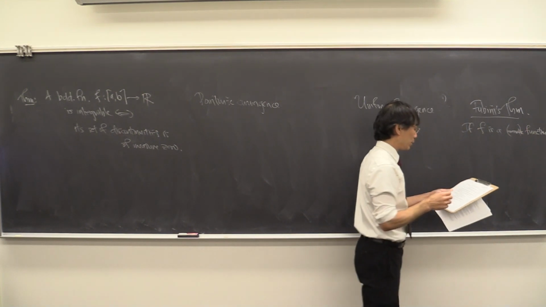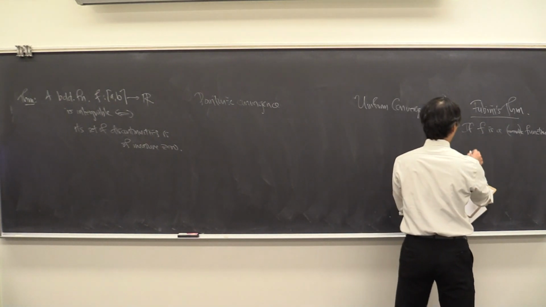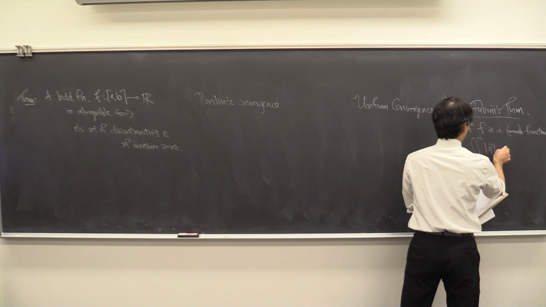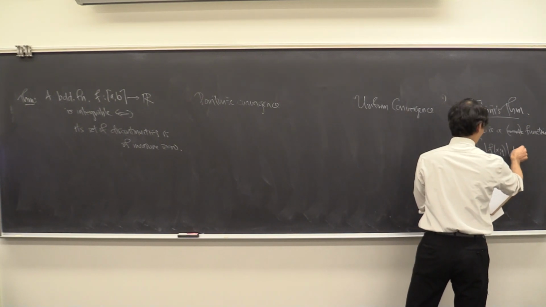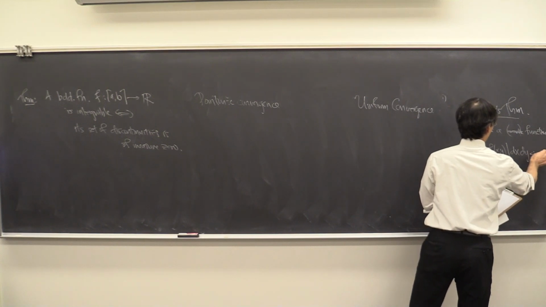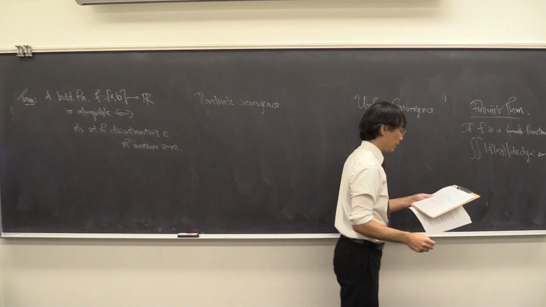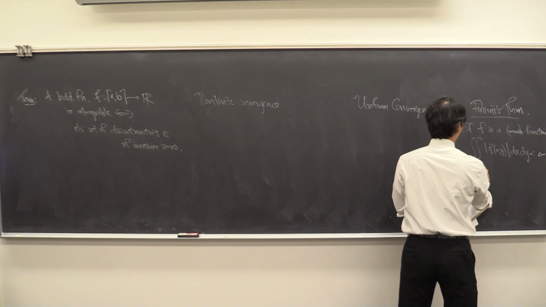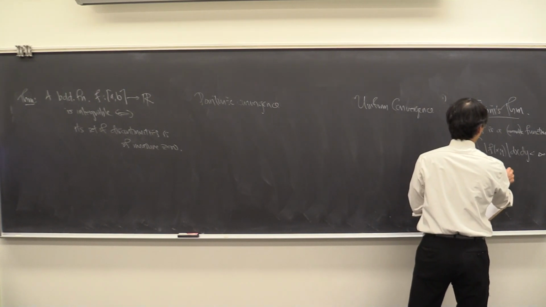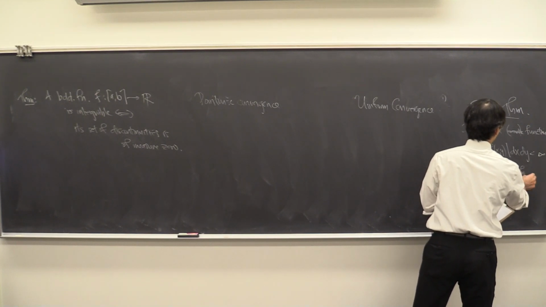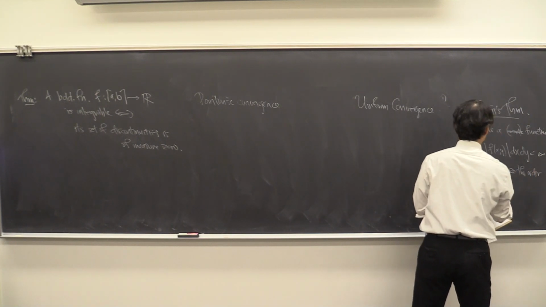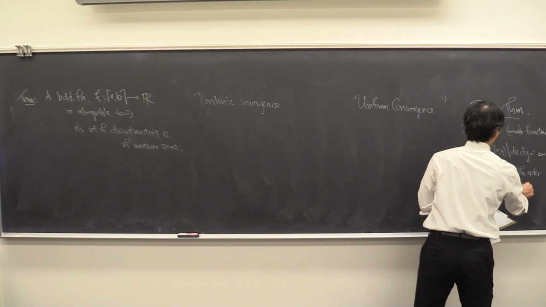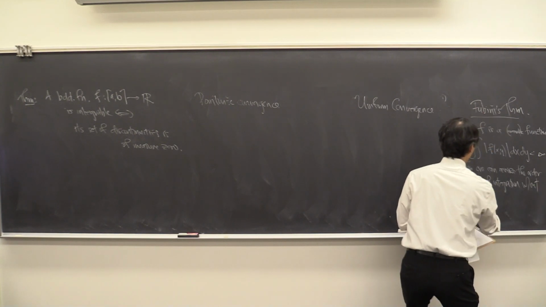So if f is a measurable function such that the double integral of its absolute value is finite, then one can reverse the order of integration without changing the value.